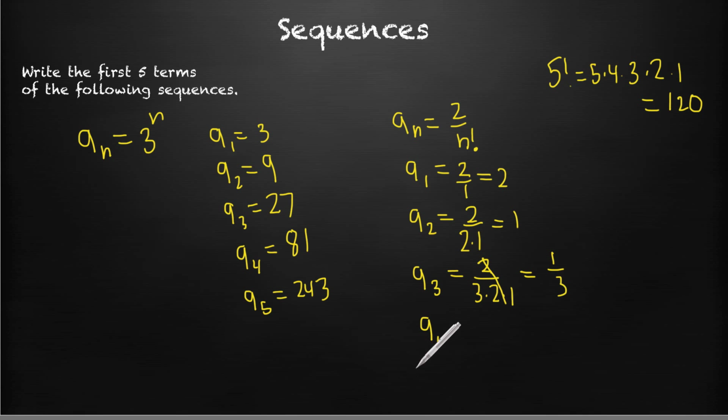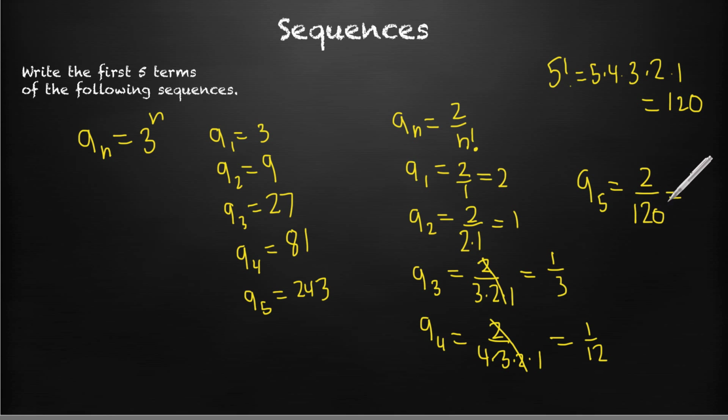And then A4 is going to be 2 over 4 times 3 times 2 times 1. The 2's can cancel out, and you are left with 1 over 12. And then A5 is going to equal 2 over 5 factorial, so that's 2 over 120, which is just 1 over 60. And that's how you write out the first 5 terms.